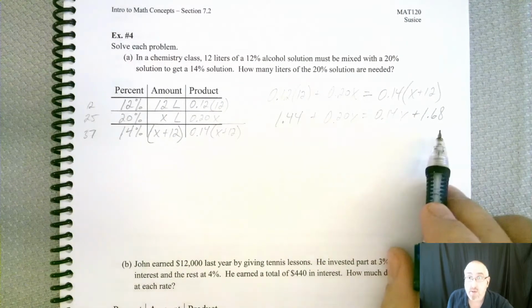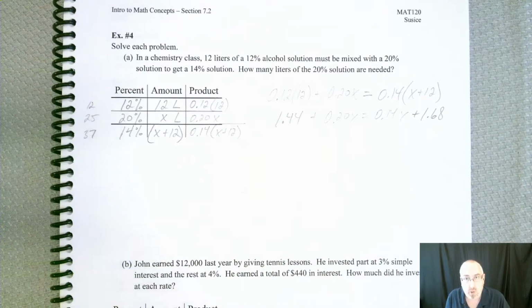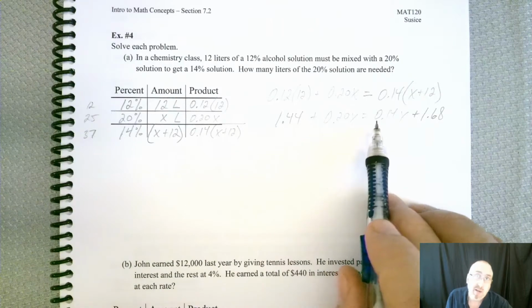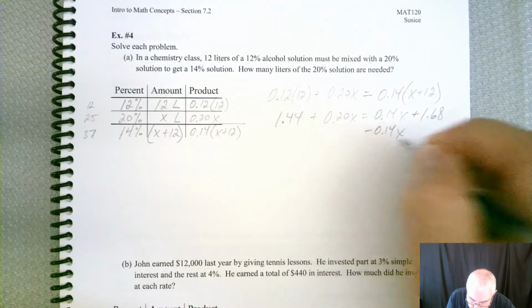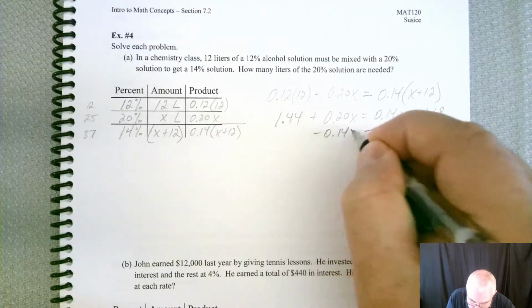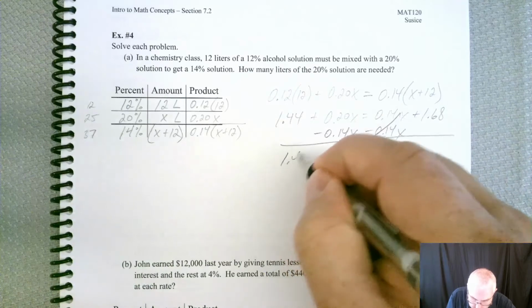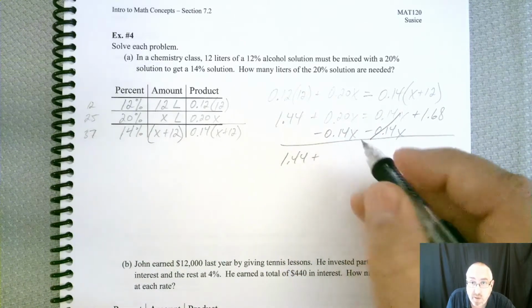All right, so now we got rid of the parentheses, so now we got to start moving stuff around. So let's work with our x's. We got 0.20x and we got 0.14x. 0.14 is smaller, so let's move that one over. So we got 0.20 minus 0.14.